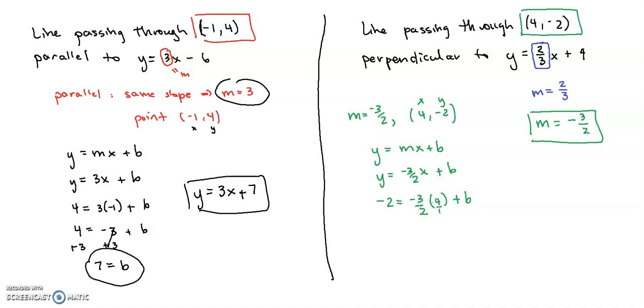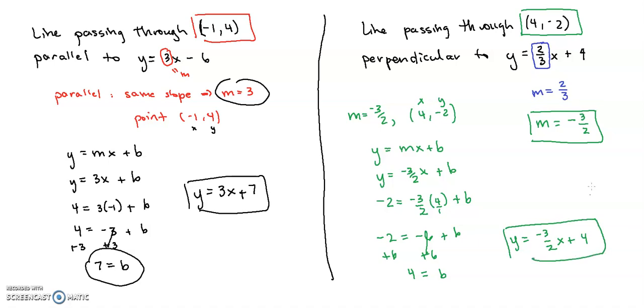We multiply, so we're going to get negative 12 over 2, which would be negative 6. And then we want to get b by itself, so we're going to add 6 to both sides, and we're going to get 4. So the equation of our line is y equals negative 3/2 x plus 4.